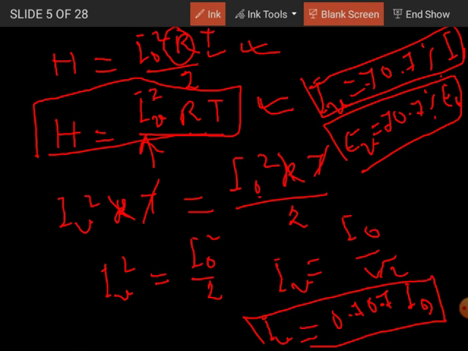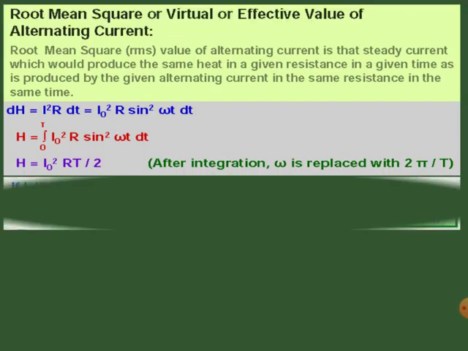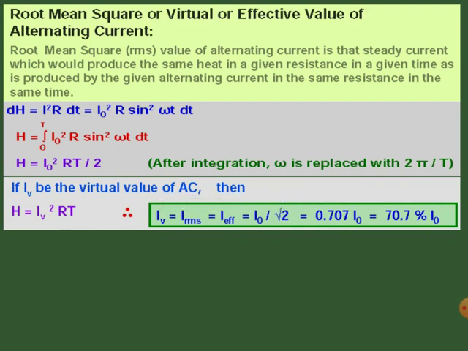So let's go to the slide again and see what we have there. Whatever we have done will come up again here. If IV is the virtual value of AC, then H can be expressed as IV square RT.